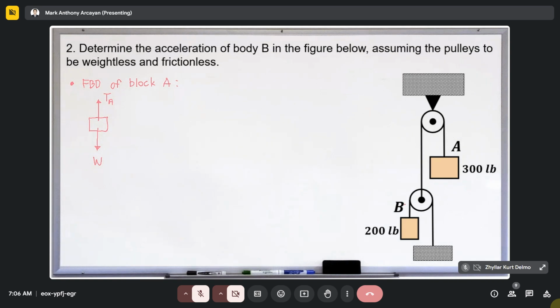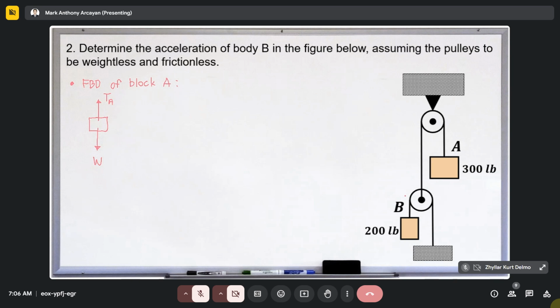That is because we introduce a secondary pulley which is attached to our main pulley here, the one at the top. So do not expect that both blocks have the same acceleration as well as displacement and density.